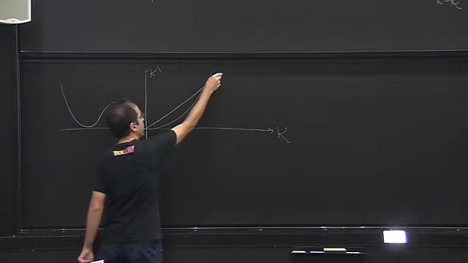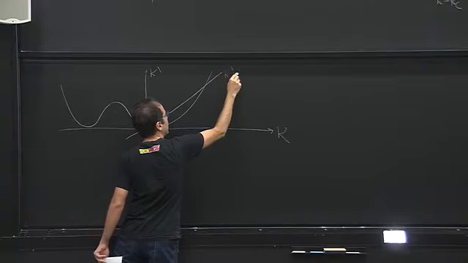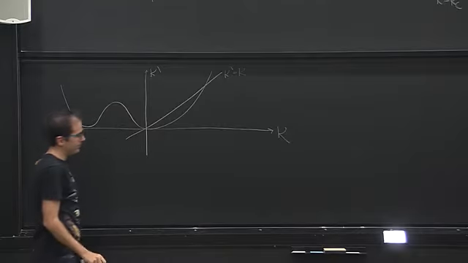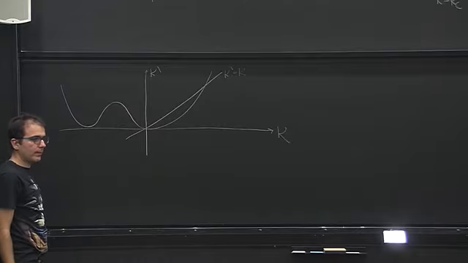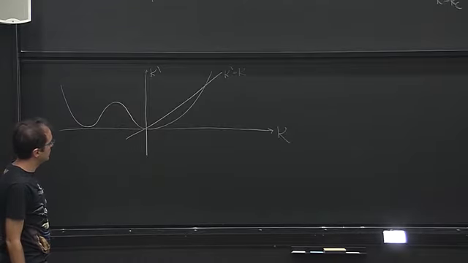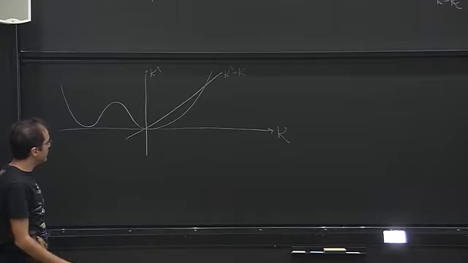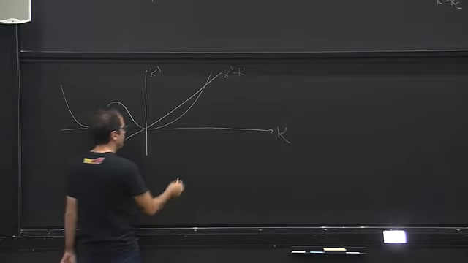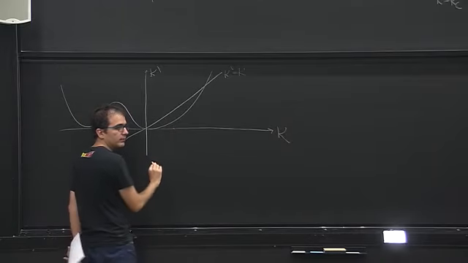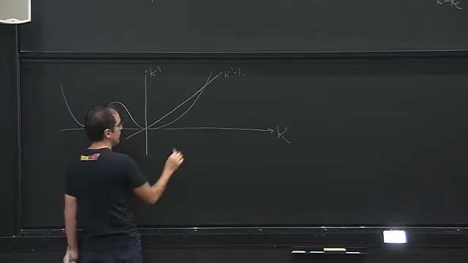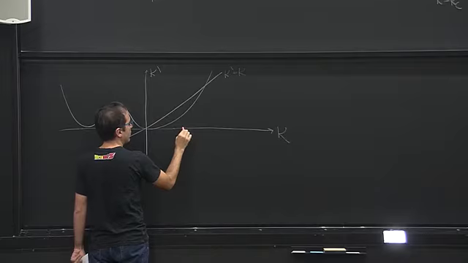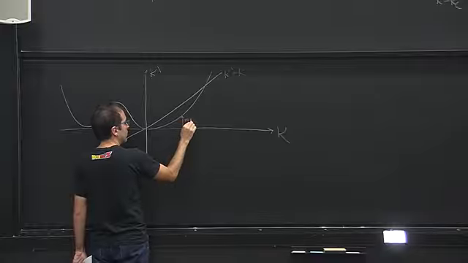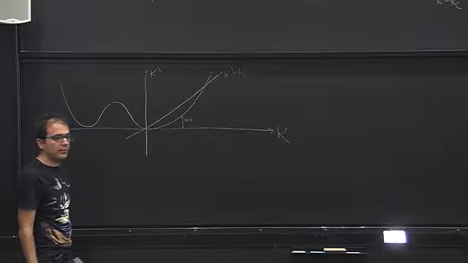Let's draw a line, K prime equal K. And we see that there are nice things happening here. Suppose you start at some value K, right? So you start at some value K. Let's start, say, here. So you are at this value K, and you are mapped through the first step of RG, let's say RG1. You are mapped here.